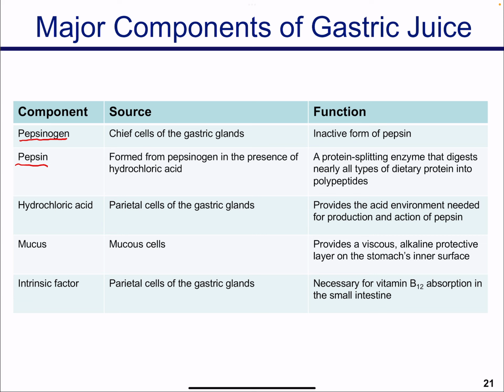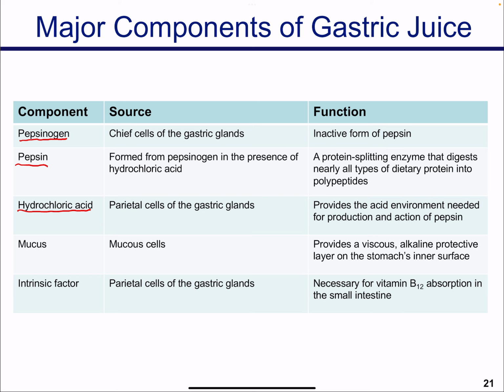And the job of pepsin is to break down proteins, okay? So, in other words, pepsins are proteases. They break down proteins, okay? I want you to remember that. Now, what activates pepsinogen to turn into pepsin? It's hydrochloric acid. That hydrochloric acid is released by some cells in the stomach, right?